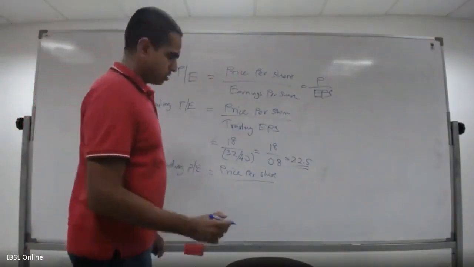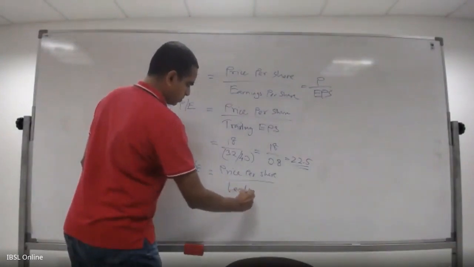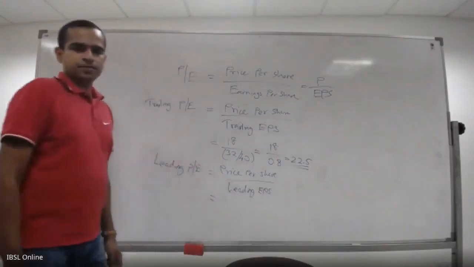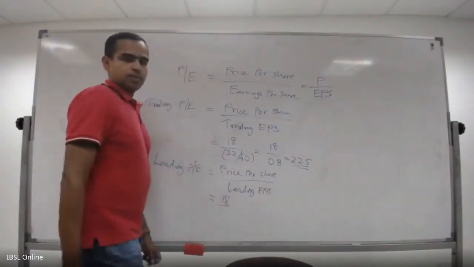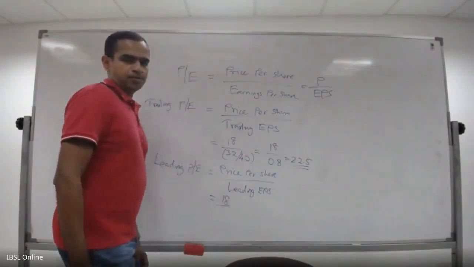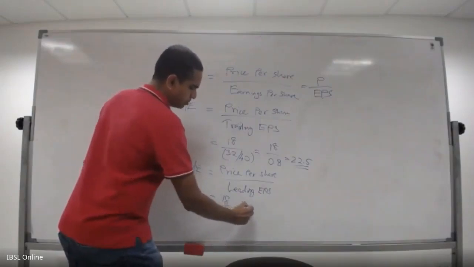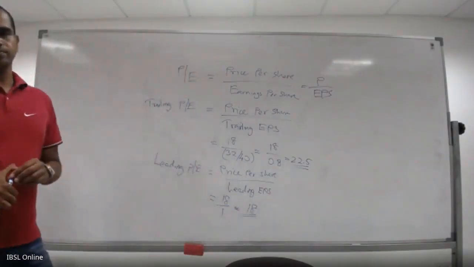Forecast EPS is 1. Price of a share is 18, divided by the forecast earnings per share, which is 1. So the leading PE, with earnings per share of 1, means you get 18. Leading PE is 18.